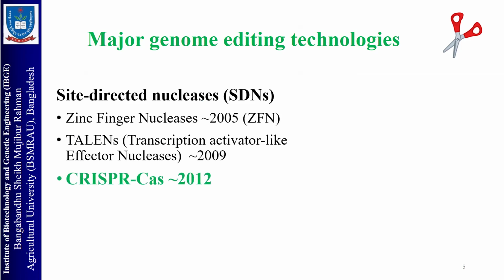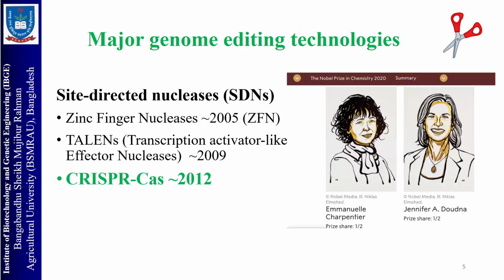And the latest one, CRISPR-Cas genome editing technology, was developed in 2012 by two very famous scientists, Emmanuelle Charpentier and Jennifer Doudna. And they received the Nobel Prize in chemistry in 2020.